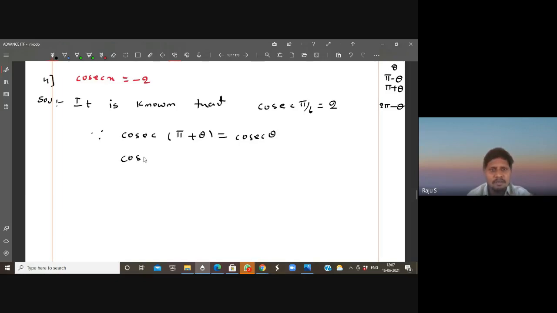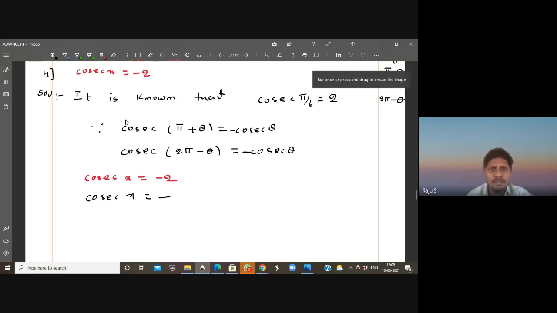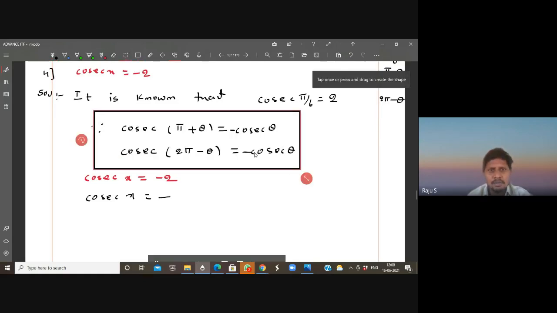First I am writing the formulas. Cosecant of 2 pi minus theta in the fourth quadrant is also minus cosecant theta. Fine. So from the given question, cosecant of x is equal to minus 2.